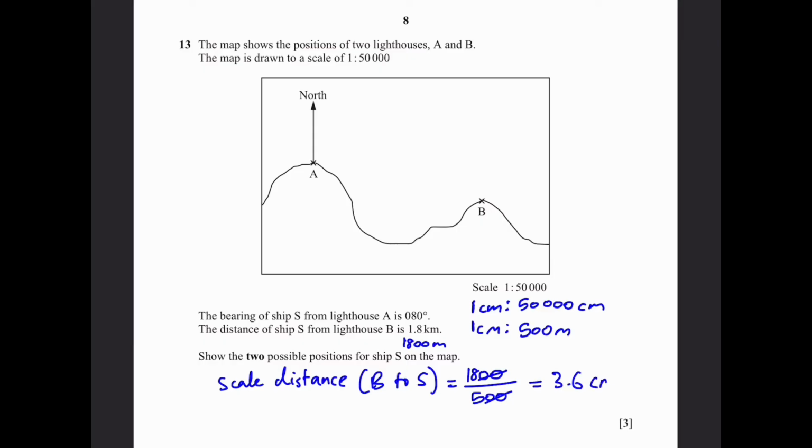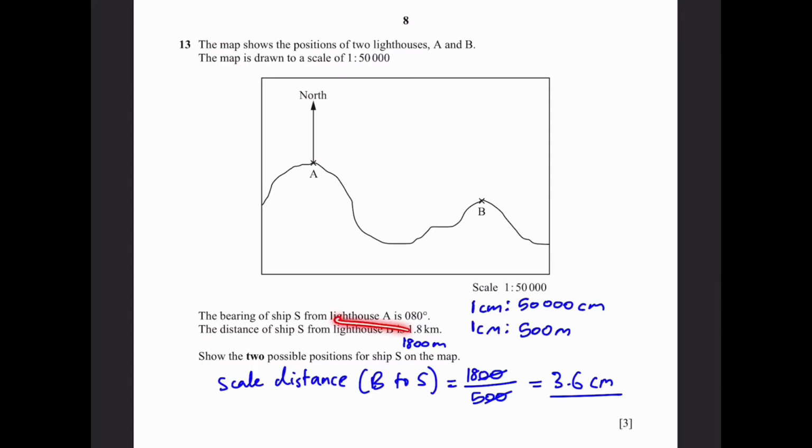And in this case, it's centimeters because we are making it to scale over here. 3.6 centimeters is the line we are supposed to be drawing, so that we can connect the point B here and ship S, which will be somewhere there. Let's say it's over here. That means this line should be 3.6 centimeters.